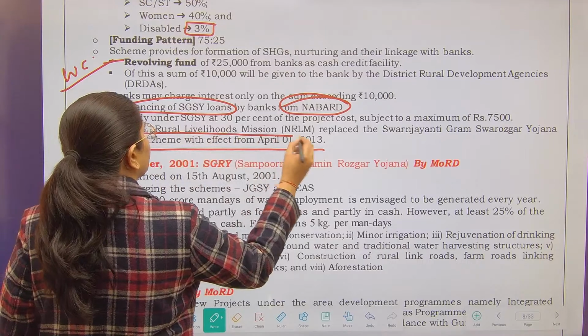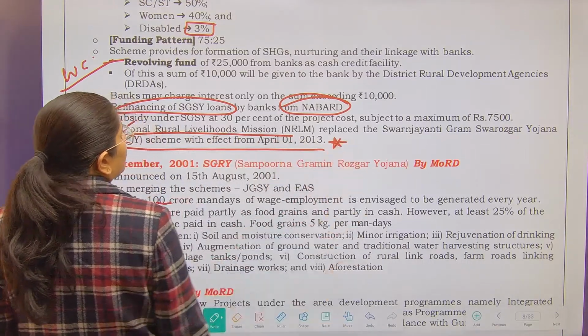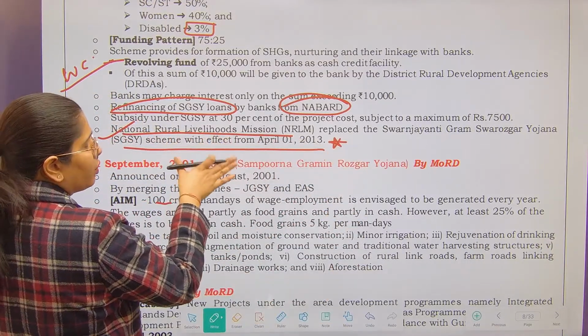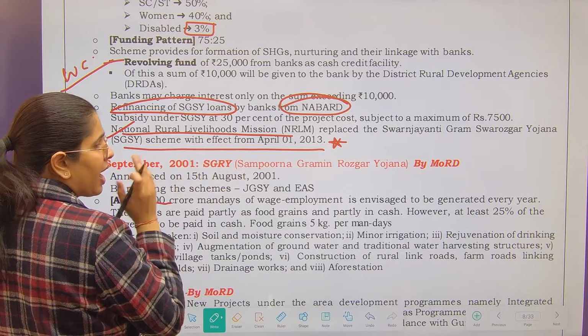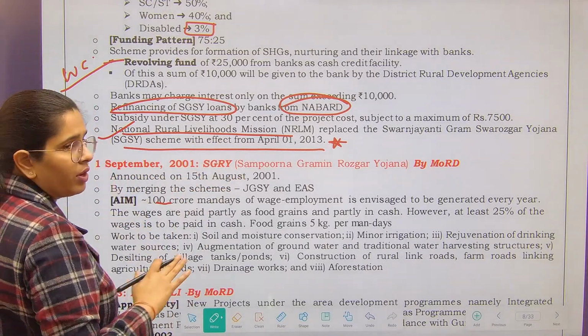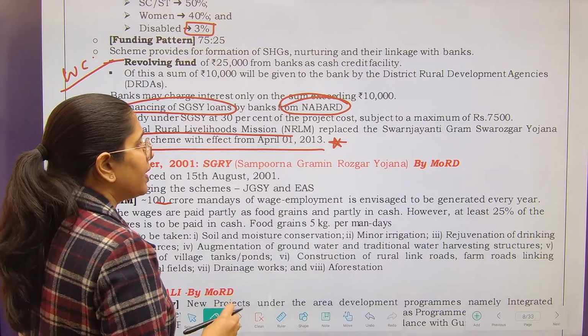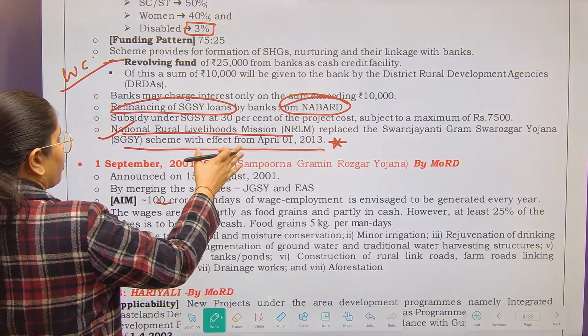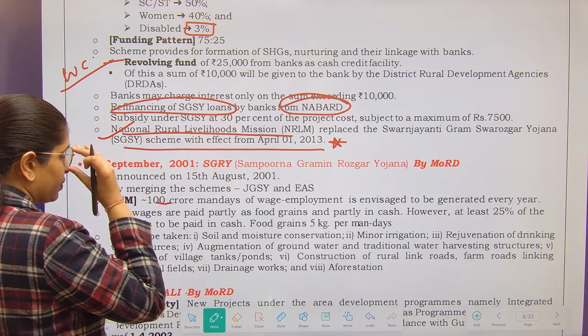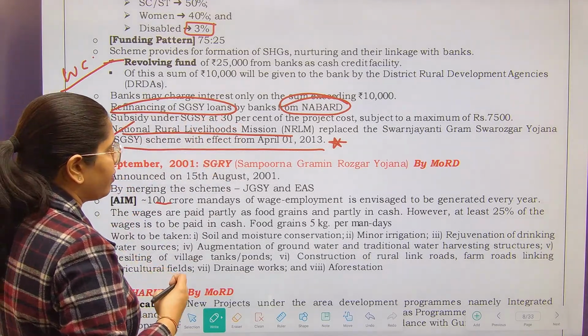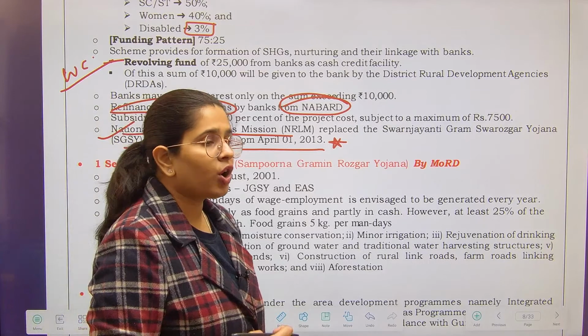Please remember this. Similar to National Rural Livelihood Mission, we also have National Urban Livelihood Mission. Correct? So this particular Swarna Jayanti Gram Swarojgar Yojna has been subsumed under this National Rural Livelihood Mission.